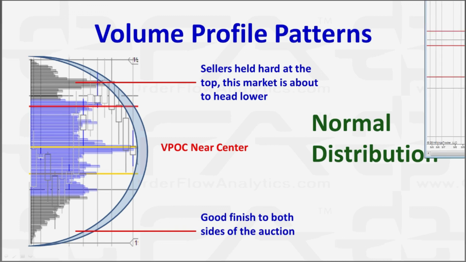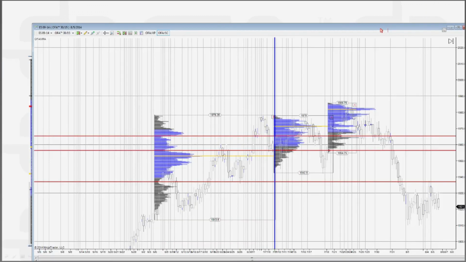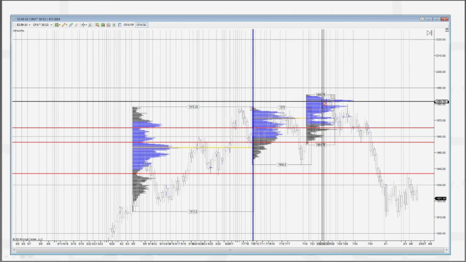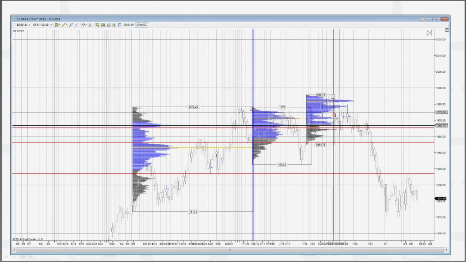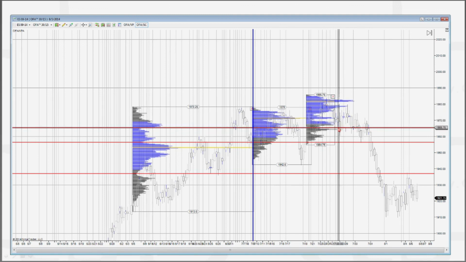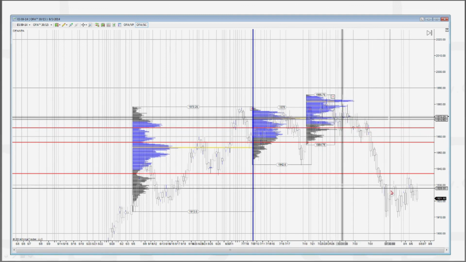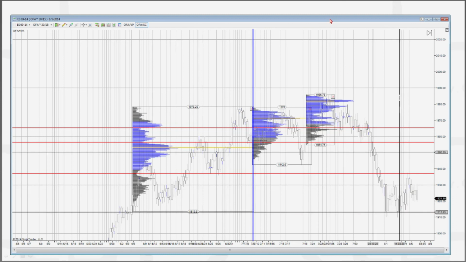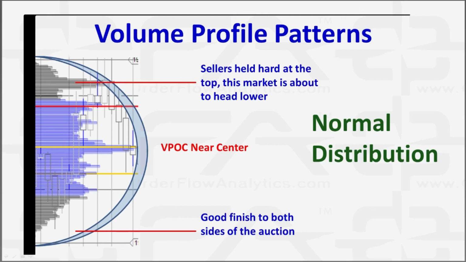Yep, we're almost done here. This is that volume profile right here. See the VPOC at the top? Look at what happened to price. Really came down.